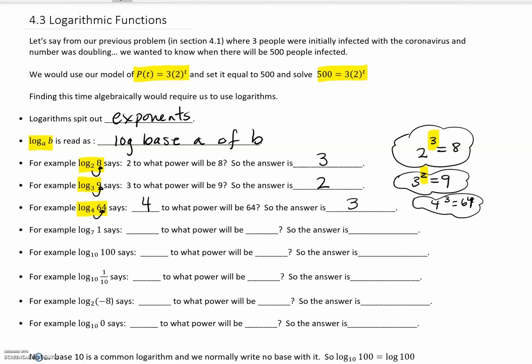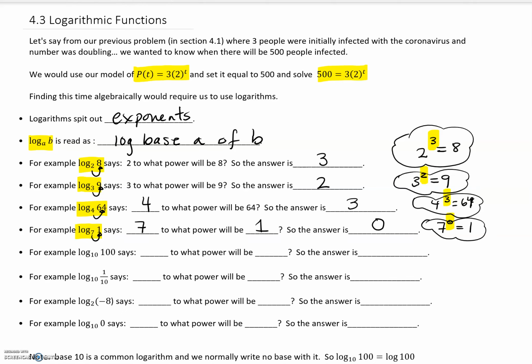Next one says log base 7 of 1. That says 7 to what power is going to get me to 1? Well, if we raise 7 to the 0th power, we get 1. Since 7 to the 0 is 1, that logarithm spit out the exponent of 0.